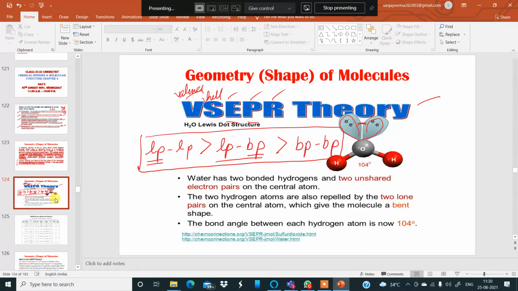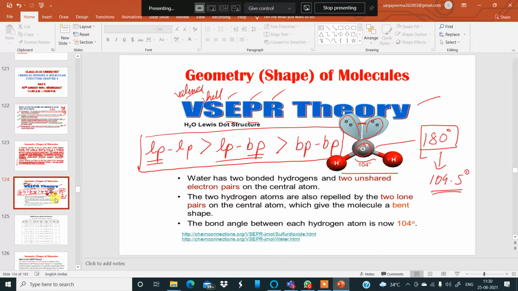So remember, if there are two lone pairs on the central atom in a molecule, repulsion is maximum. That is why the angle, which is supposed to be 180 degrees in this water molecule, is repelled so badly that the angle decreases to 104.5 degrees exactly.